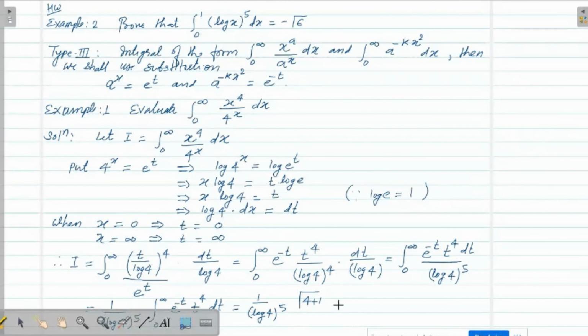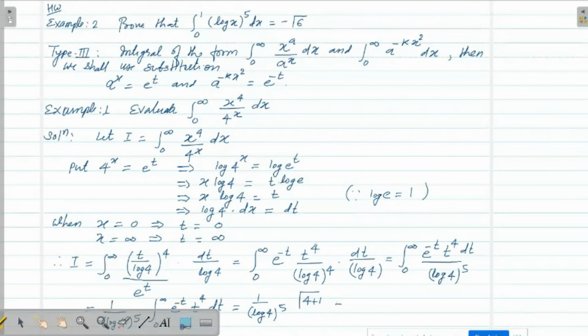So this is e raised to minus t and t raised to n. Here n is 4. So we will have the gamma function n plus 1, that is 4 plus 1.